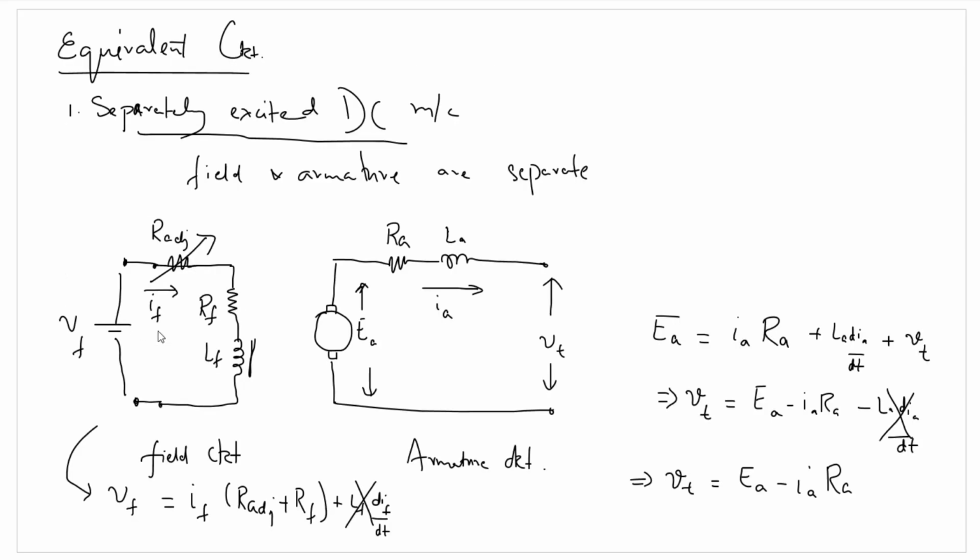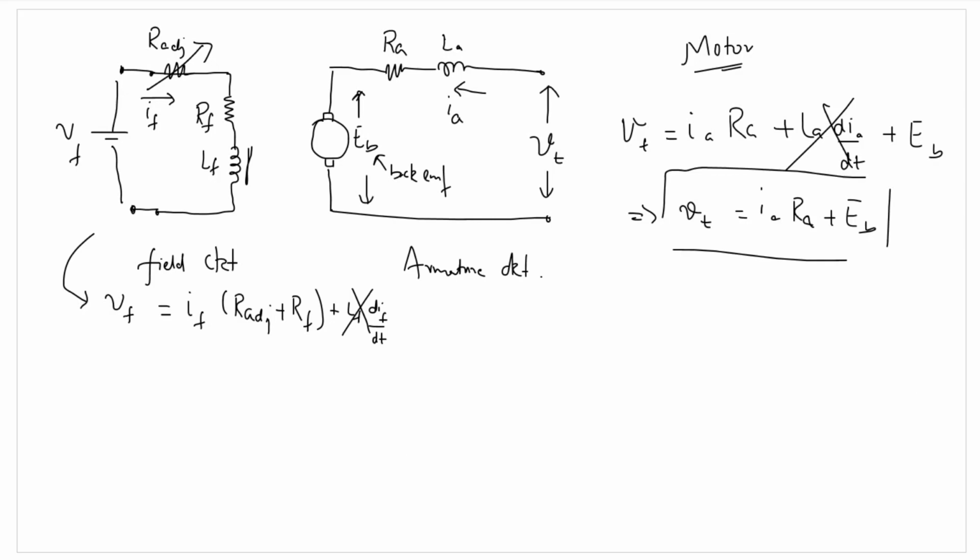In case it is behaving as a DC generator, we know that VT is equal to EA minus IA RA, where EA will be the induced voltage in the armature because of the magnetic field produced by the field circuit, minus IA RA. This simply depends upon the direction of current. We know that in case of a DC generator, VT will be less as compared to EA, while in case of a DC motor, VT will be greater as compared to EB.